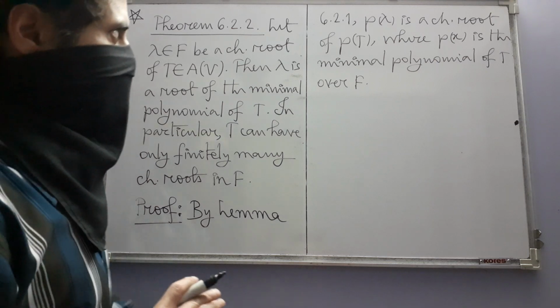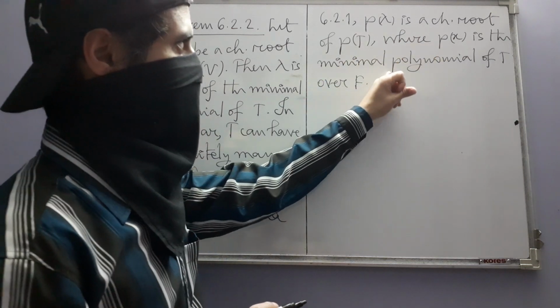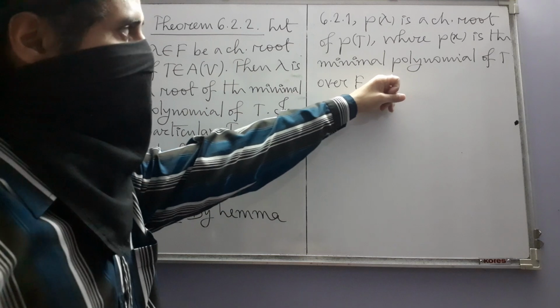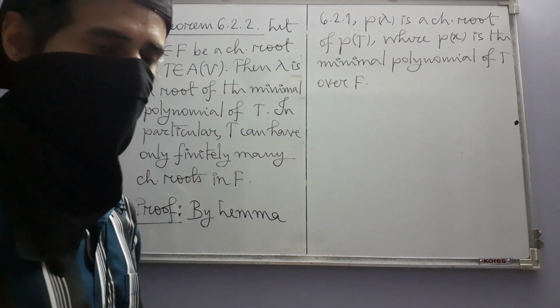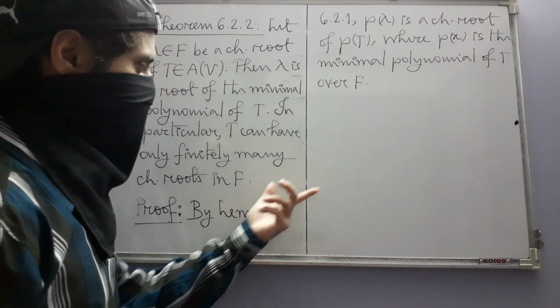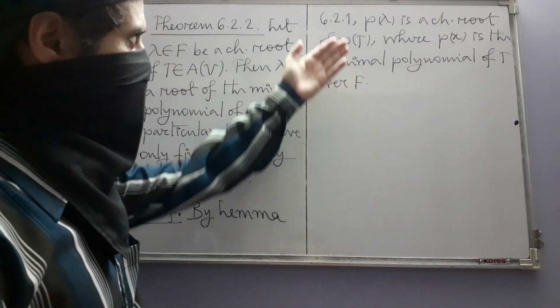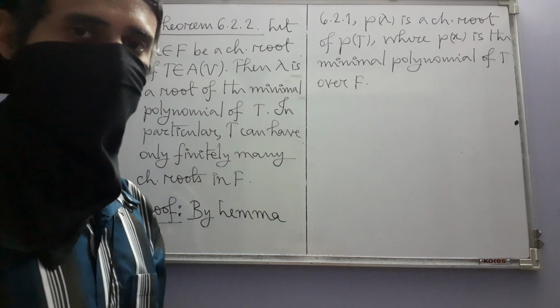In particular, we can do this with the minimal polynomial of T, so that P of lambda is going to be a characteristic root of P of T. Now I am going to use theorem 6.2.1 with this operator and this characteristic root.